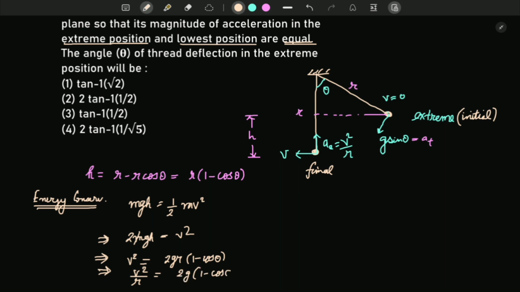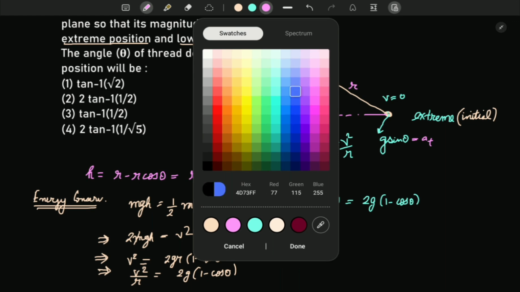So I found v square by r, which was our centripetal acceleration, and in the question we are given that acceleration magnitude in the extreme position and lowest position are equal. So our g sine theta, the tangential one, equals the centripetal one, which is 2g times 1 minus cos theta. So I will write an important relation over here.